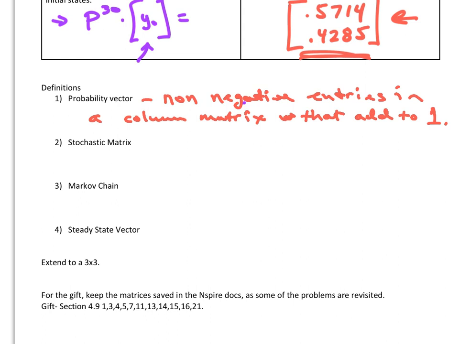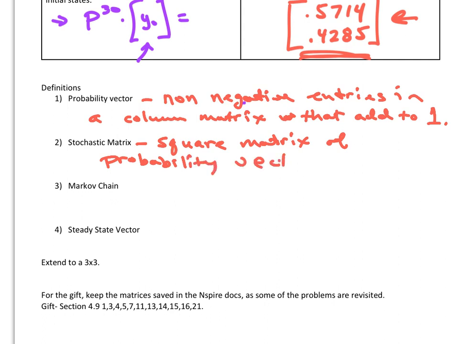And then a stochastic matrix would be a square matrix of probability vectors. So our transitional matrix, which we call P, is an example of a stochastic matrix. And sometimes those will settle down to certain values. You can play around with those a little bit if you want.